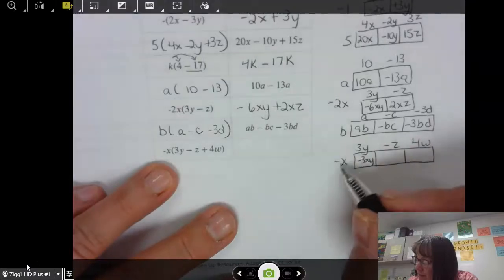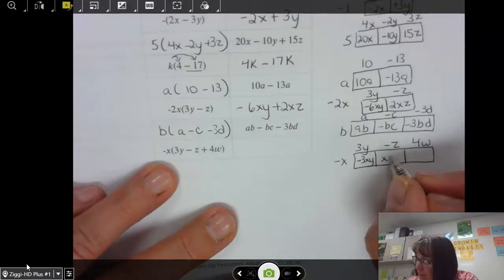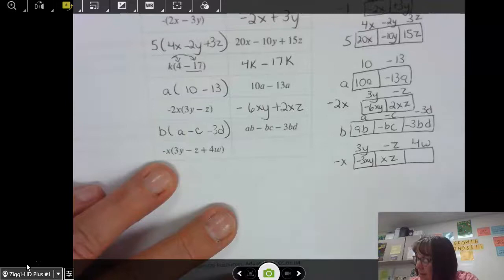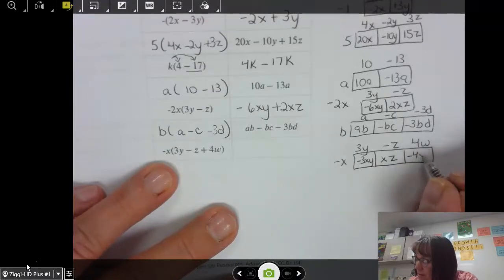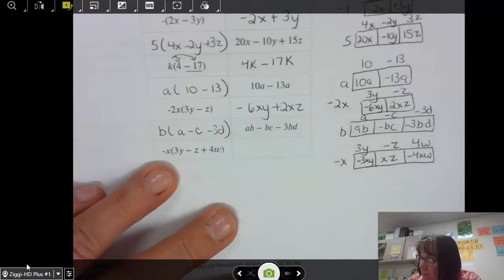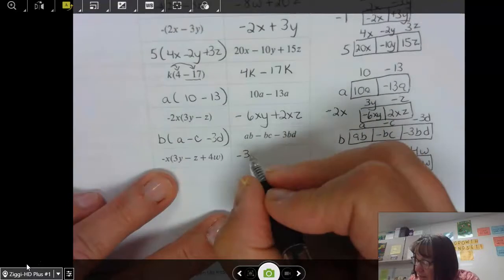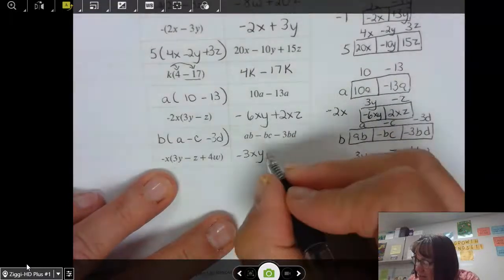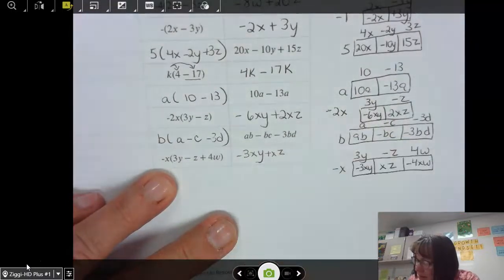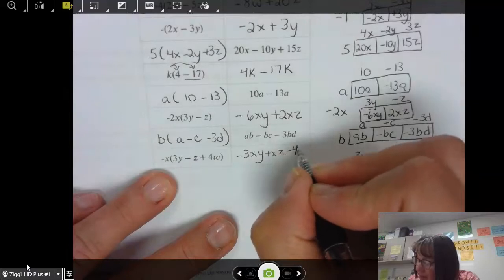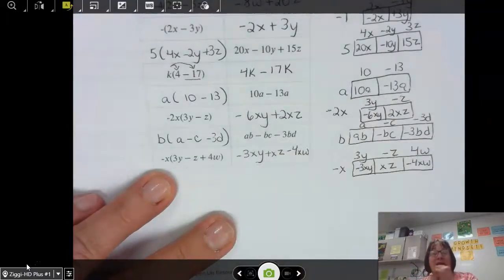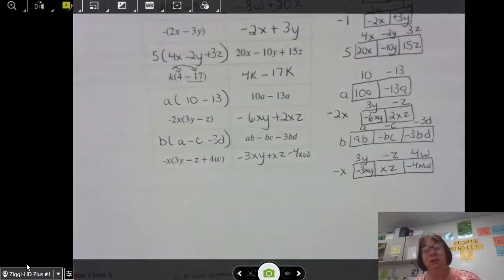And then a negative times a negative would be a positive xz, and a negative times a positive would be a negative 4xw. So when I expand that, I get a negative 3xy plus xz minus 4xw.